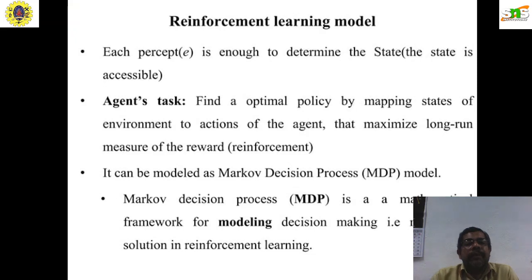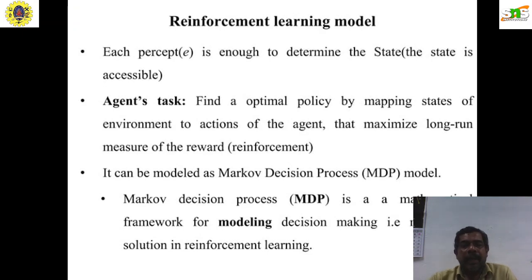The next one, we have to see the reinforcement learning model. Each percept is enough to determine the state. The state is accessible. When we apply the agent task, we have to go with the optimal policy by mapping the states of the environment to the actions of the agent, and also maximize the long-run measure of reward.